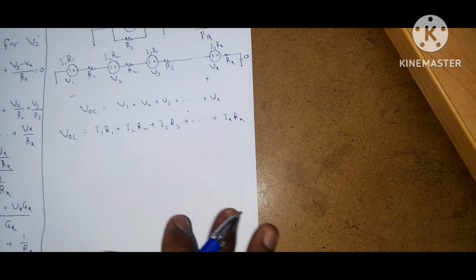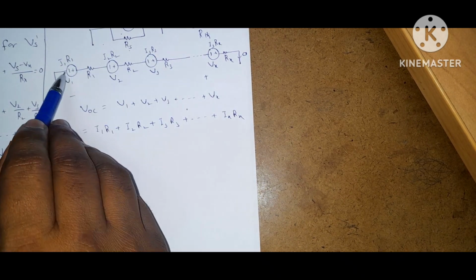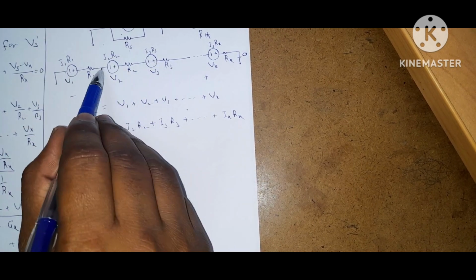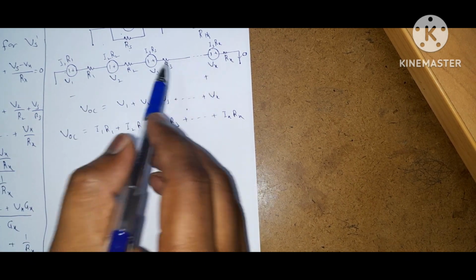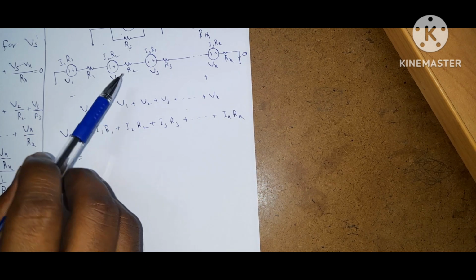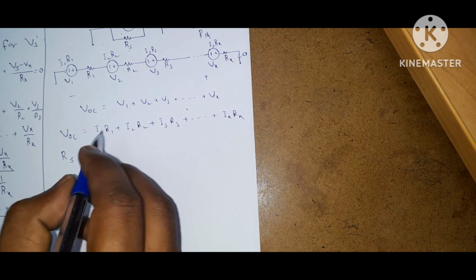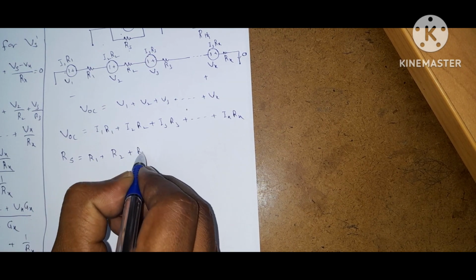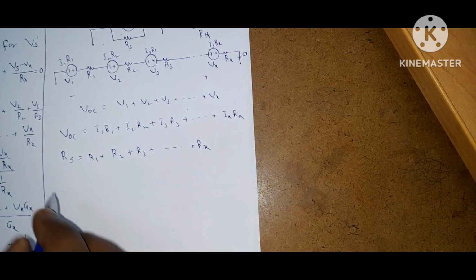Now, what is Thevenin resistance? Thevenin resistance, replace all ideal voltage source with short circuit. So if you replace voltage source with short circuit, all these resistors are becoming series. So what is R equivalent? R equivalent is equal to Rs, this is Norton resistance or Thevenin resistance. So Rs is equal to R1 plus R2 plus R3 plus and so on plus Rx.